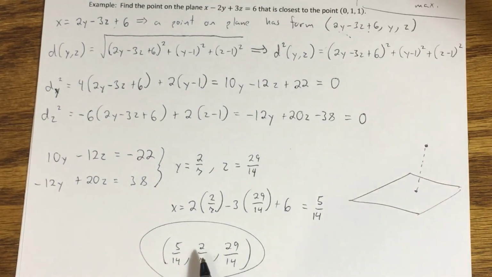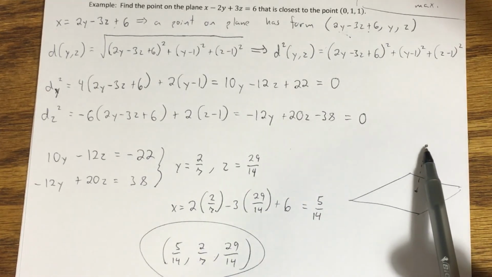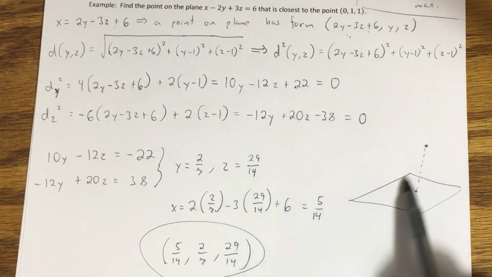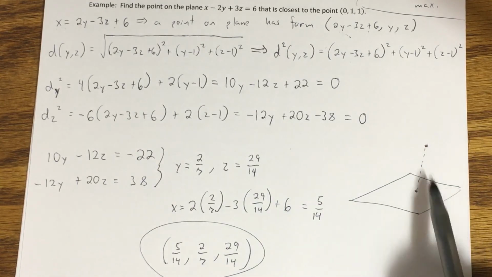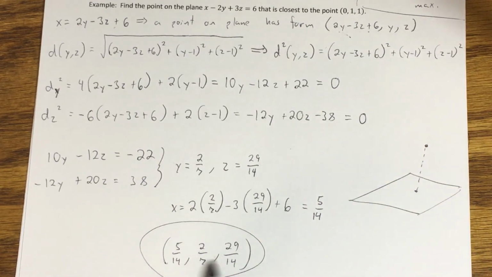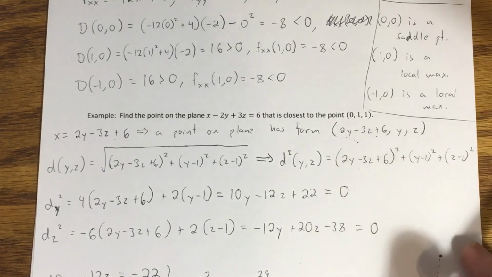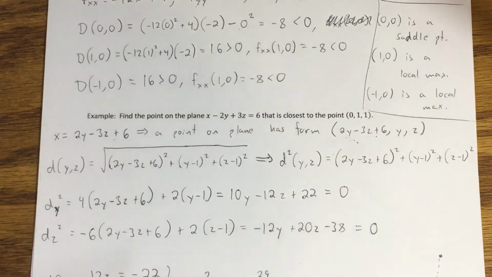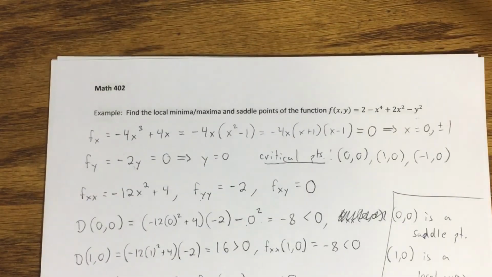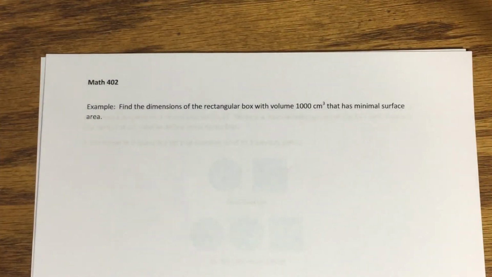It also can't represent a saddle point, because by the same logic, any critical point that we get, based on what we know about points off of planes, should represent a minimum. So we get to bypass a lot of that more lengthy work by using a little bit of logic to connect the dots here. Okay. So that is a couple of examples.